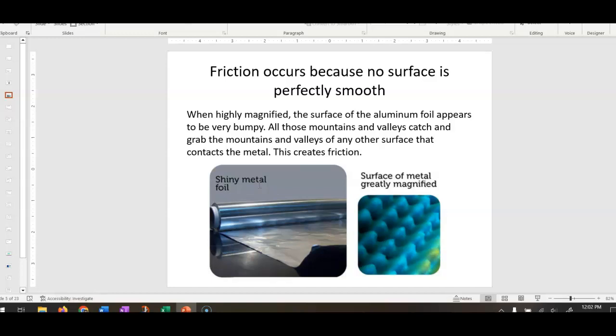At the macro level, when we normally look at aluminum foil, it seems very smooth, polished, shiny, right? But if you magnify the surface, you can see that it has these little hills and valleys, and every material has that kind of structure at its surface. The hills and valleys can grab onto each other, and that's the cause of friction.